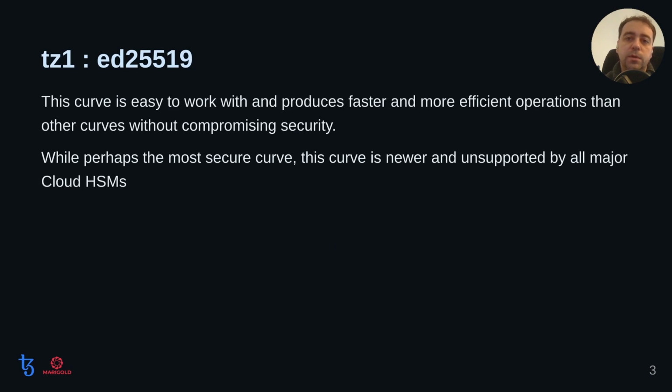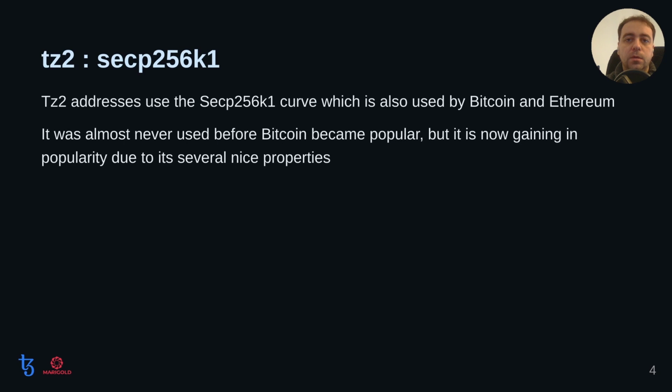For the tz1 address, the default address on Tezos, it is an elliptic curve that is quite fast and efficient, but is not very used and supported by cloud providers. The second curve is for the tz2 address, and it was not very famous before it became popular with Bitcoin and Ethereum, and now it is quite used on the market.